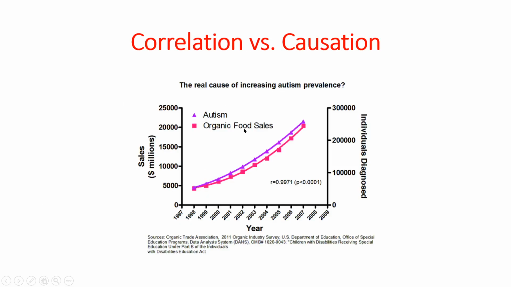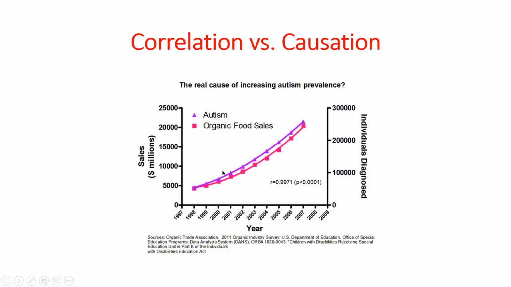So here's a good example. If you look at rates of autism and organic food sales across this time period, I mean, if we have this data in Excel and ran a regression, I guarantee you we get a pretty strong positive correlation there, right? But it's likely that there's a third factor, something that's related to autism rates and organic food sales that's driving both of these.